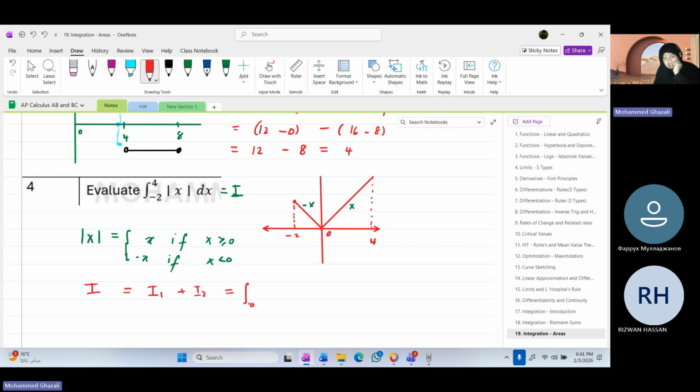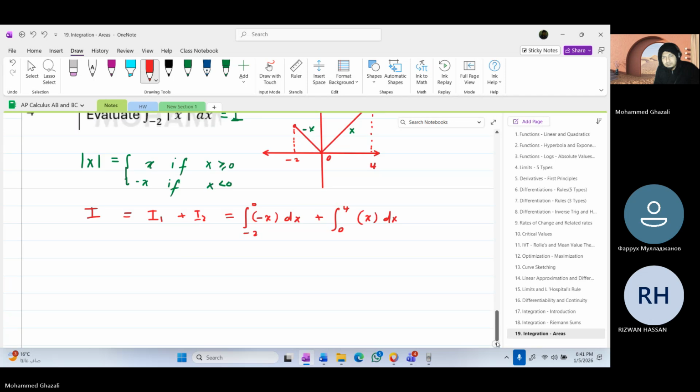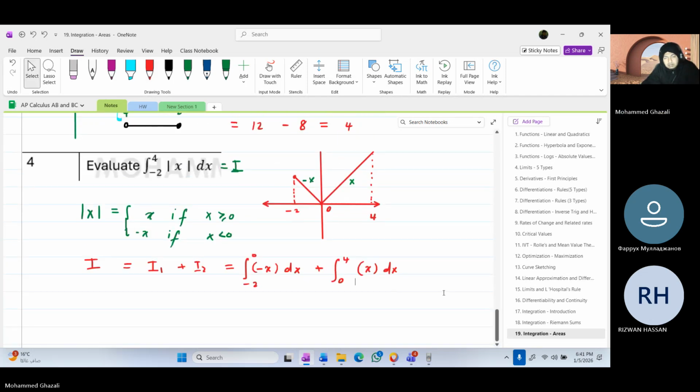I1 is the integral from -2 to 0 of negative x dx, plus the second integral, from 0 to 4 of x dx. Are we good, guys? Make sense? Yep, makes sense.